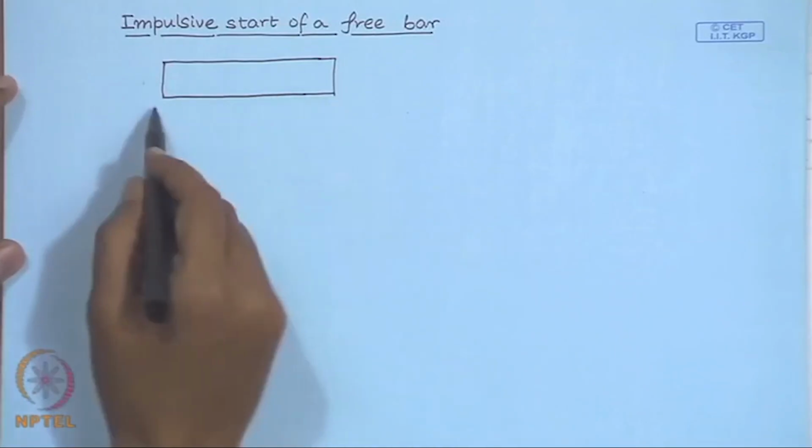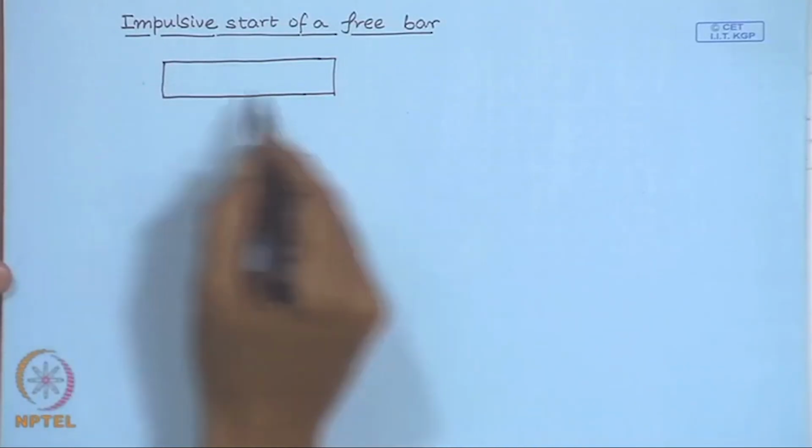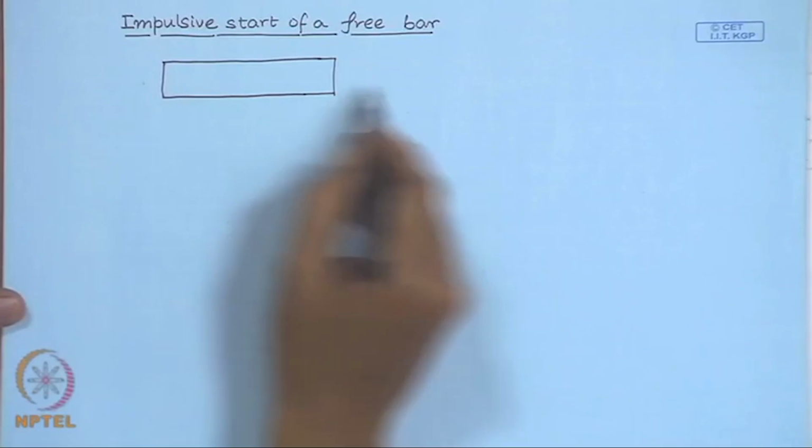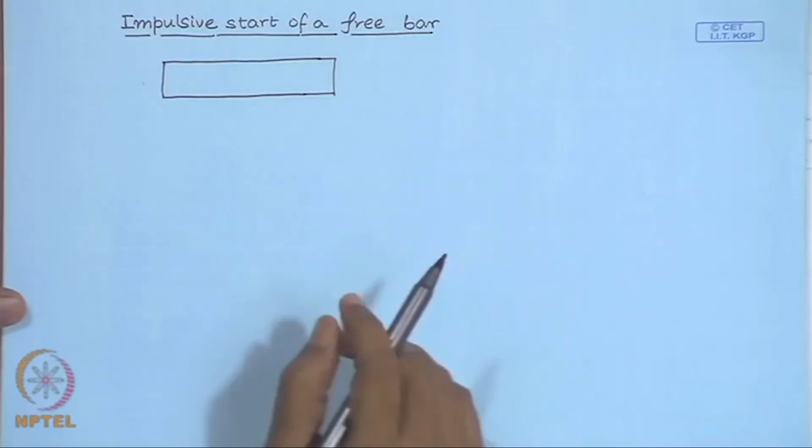We have a finite free bar which can move in the axial direction, but it is restricted in the vertical direction.